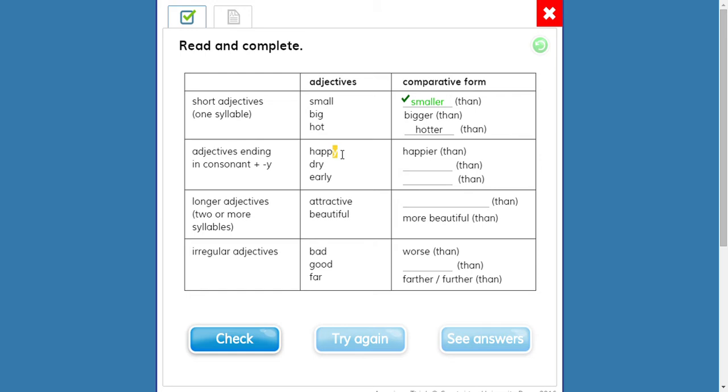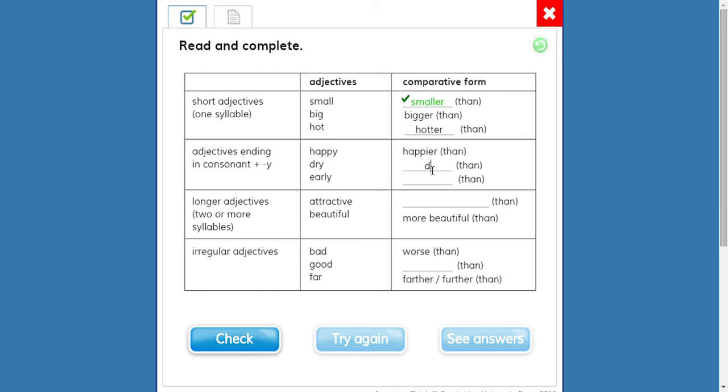For example, happy in a comparative adjective, the letter y changes into i, and you add er: happier. Happy, happier. The rule says the letter y changes into i.